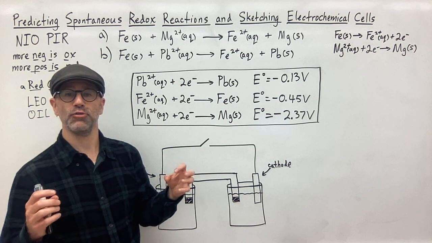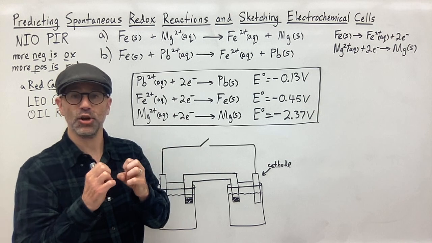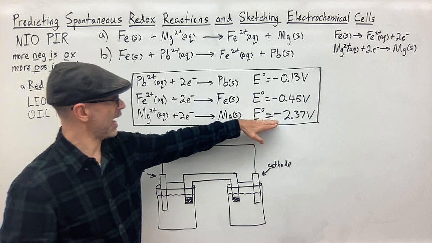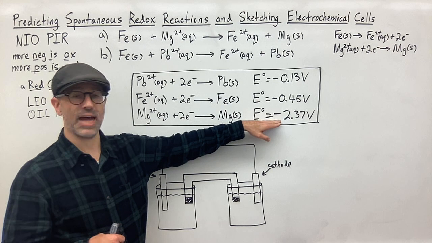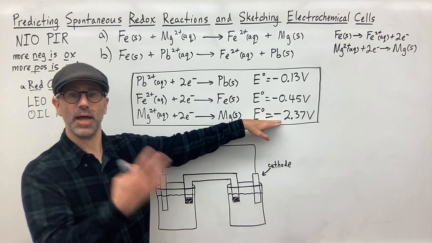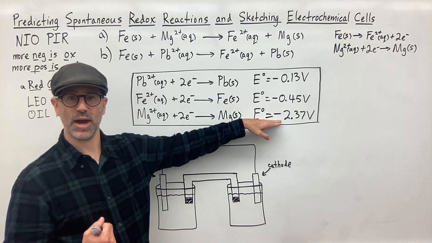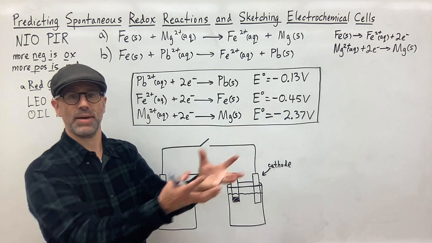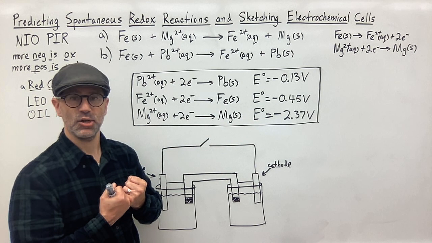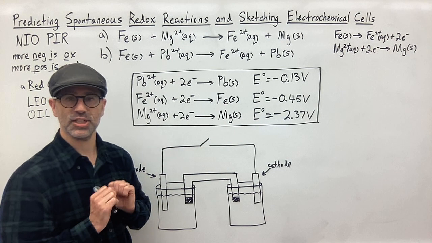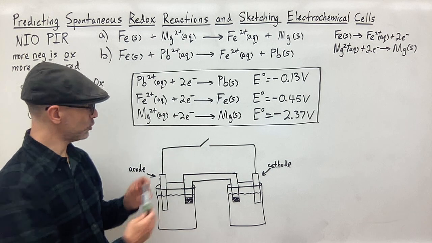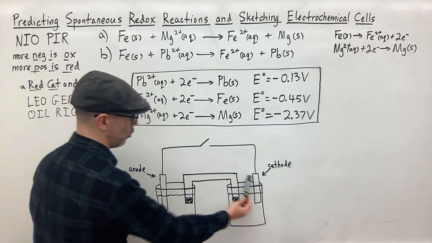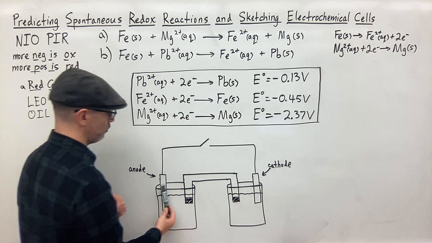If you've got negatives together, they're going to repel each other. So the side that has more negative is going to be the side that's more likely to repel the electrons rather than attract them. Reduction is about attracting the electrons, and oxidation is about repelling or giving away the electrons.